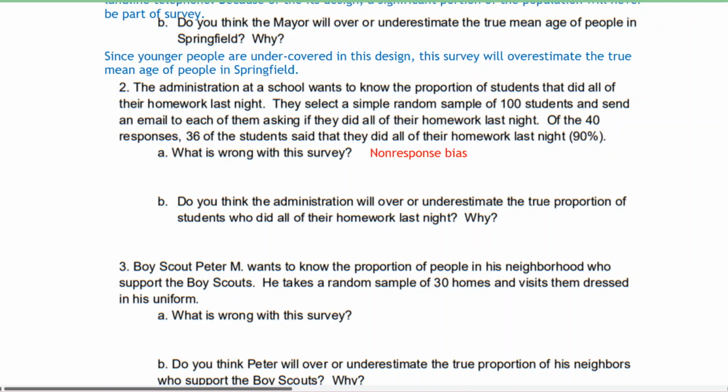A bias that can be thought about here is going to be a non-response bias. And very simply, this means: if everybody who did not respond somehow responded in the same way, which is unlikely but still a possibility, does that have the possibility of reversing the results of the survey from the people who did respond?